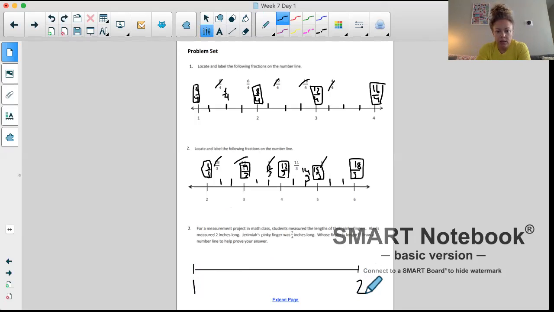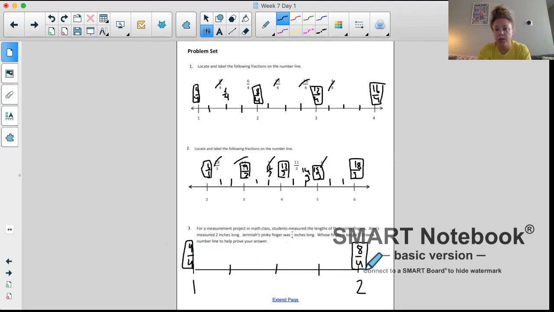And our denominator, our units here is fourths. So in order to decompose this whole into fourths, I need 3 lines. So I'm gonna go right in the middle and then on either side, like this. If these are fourths, 1 whole is equivalent to 4/4, 5, 6, 7, 8/4. All right, now our number line is set up.